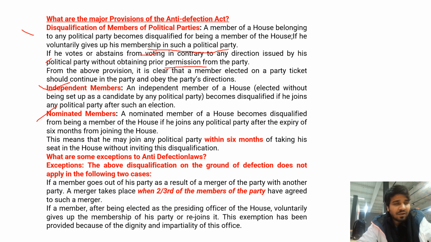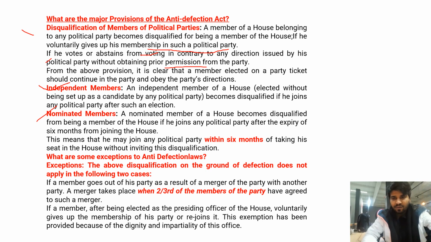What are the exceptions to the anti-defection law? There are some exceptions, right? For example, if a member who belongs to a particular party becomes the presiding officer of the house, for example the speaker of the house, he is supposed to act impartially and unbiased.